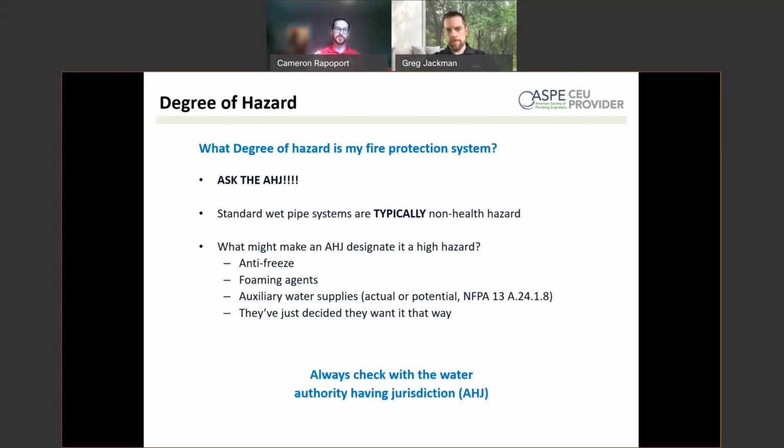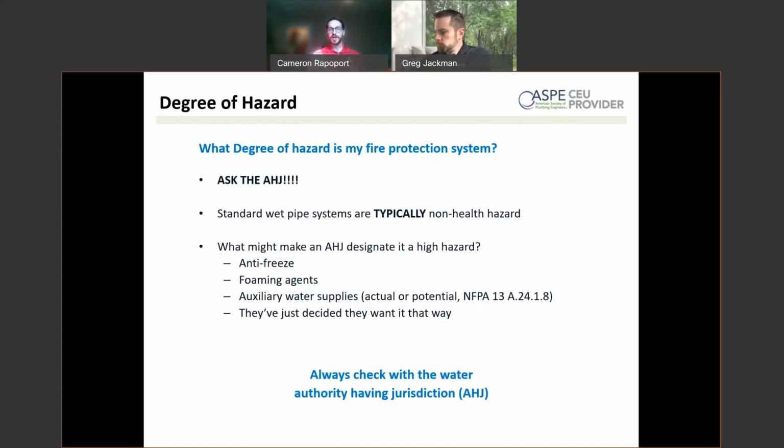So if you have any outdoor loop in a part of the country where it's going to be exposed to freezing temperatures, and you fill that with glycol, that's probably going to get protected by a high hazard type backflow preventer. Also things like foaming agents, which you see in aircraft hangars. Another big one is auxiliary water supplies. So these are actual or potential.